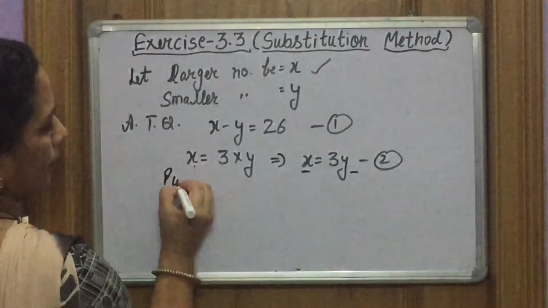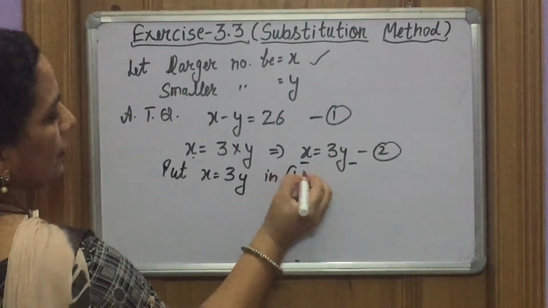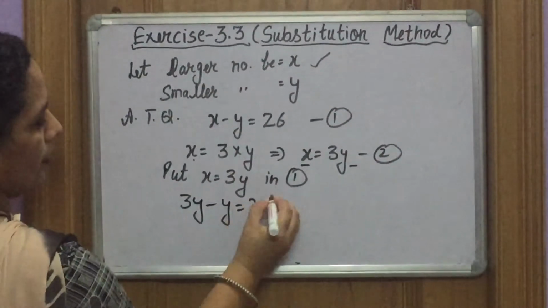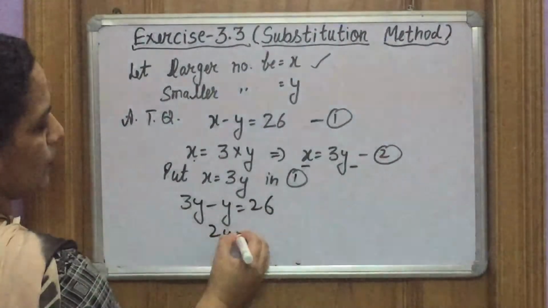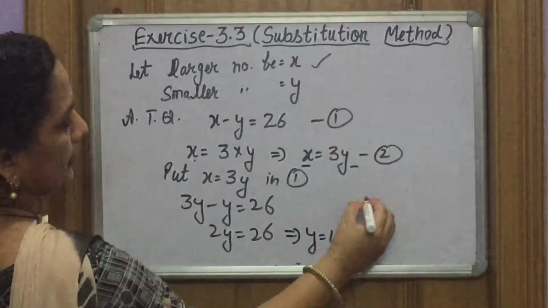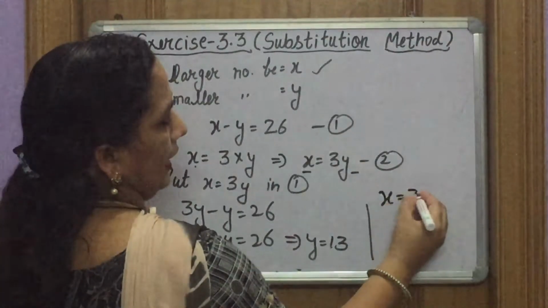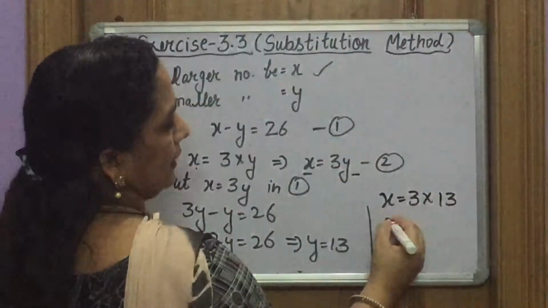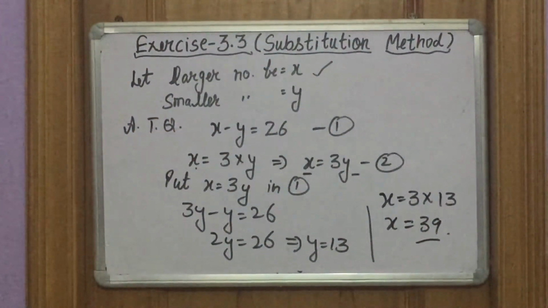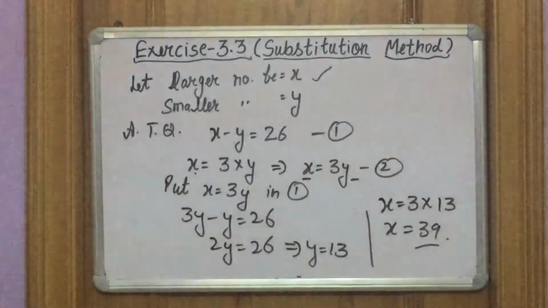Put x is equal to 3y in equation number 1. So 2y is equal to 26. So we can say that y is equal to 13. Then we can say that x is equal to 3 multiply 13. So the second number is 39. So the larger number is 39 and the smaller number is 13.